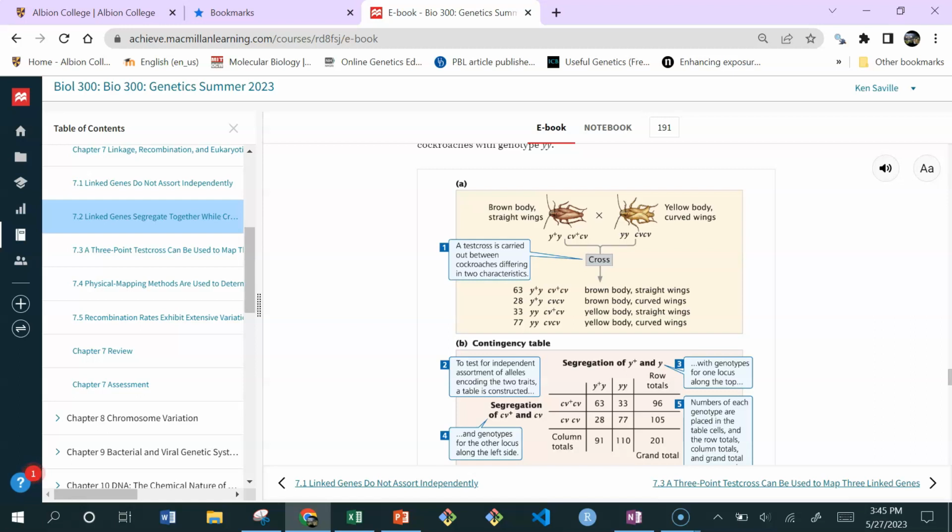And it's a little hard to tell here, but they give you the genotypes, and so this symbolism might be a little bit strange, but what this is showing here is that we're heterozygous for body color and heterozygous for wing shape. And over here, we're homozygous recessive for both. They tell you all that up in the chapter, but I just want to point this out. So this is heterozygous.